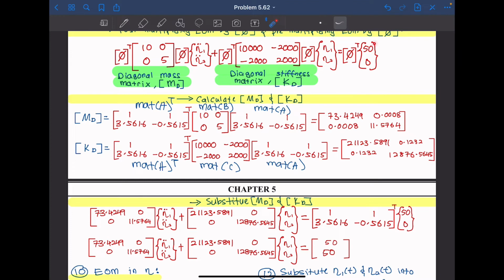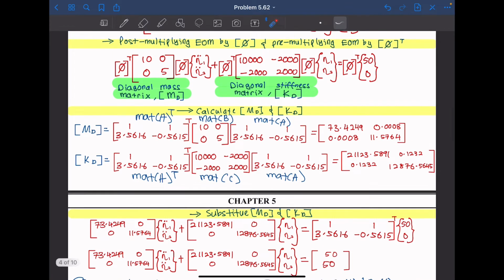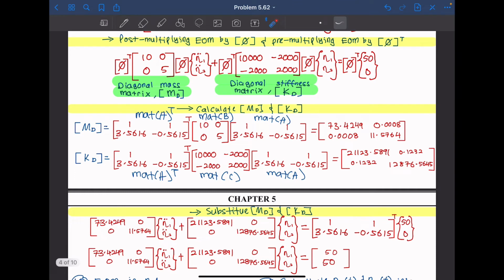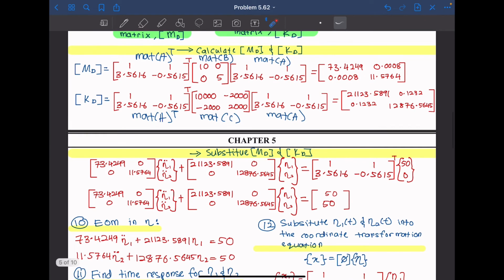But remember, there's one more matrix we haven't solved yet, which is the transpose of the model matrix multiplied with the matrix on the right side of the equation, which is the force matrix. You have F1 at 50, and the force on the x2 coordinate you don't have any, so you put a 0. So you have to solve this here.